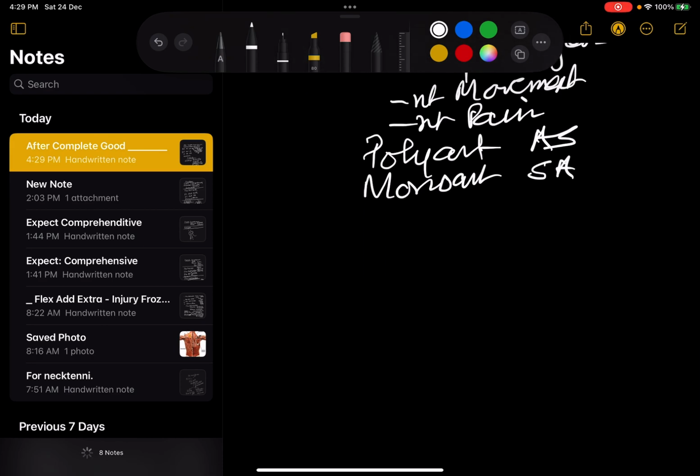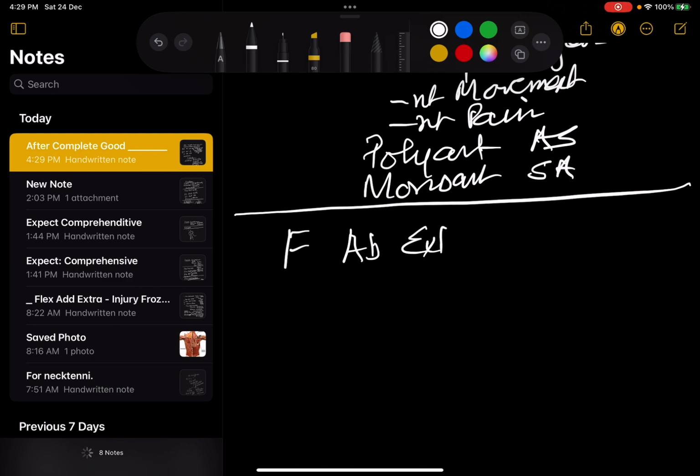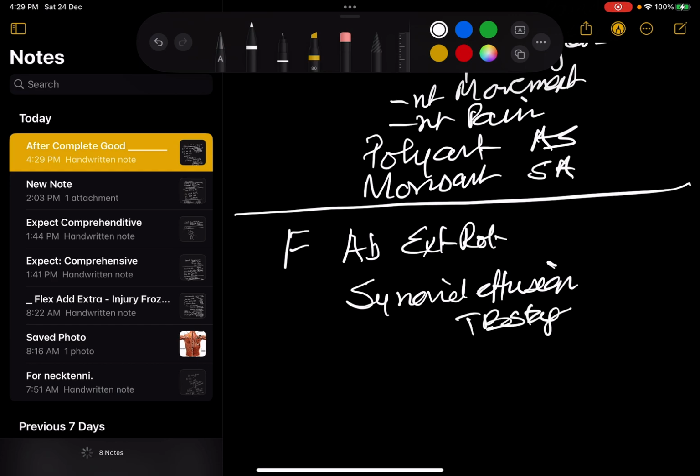Then we go on to study the flexion, abduction, external rotation. The first cause is synovial effusion, as in TB stage 1 or transient synovitis.